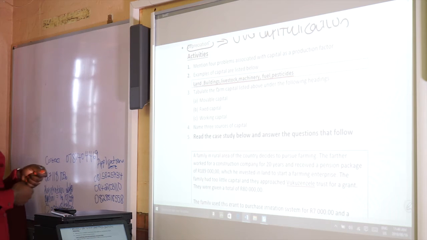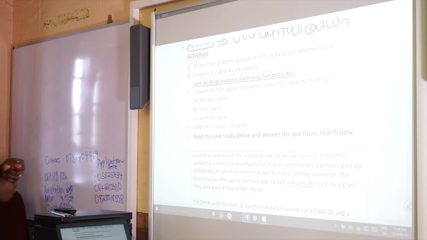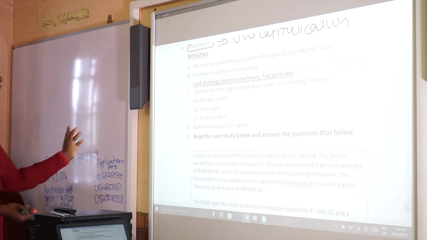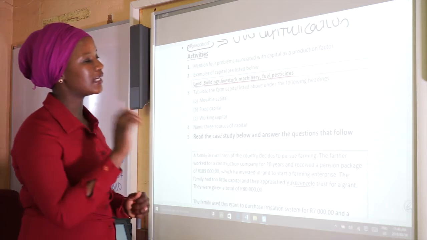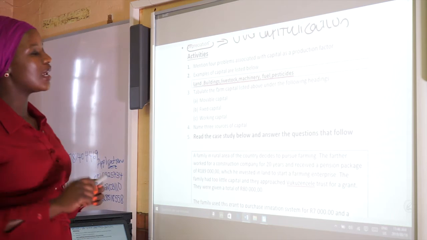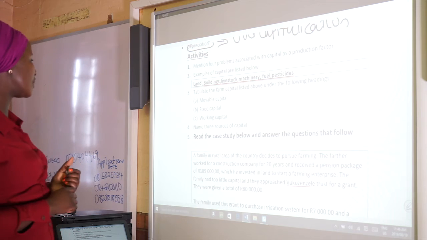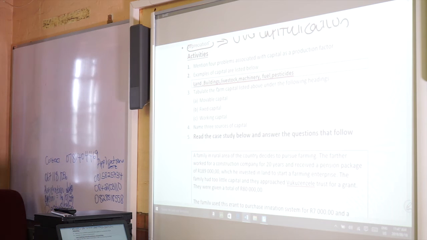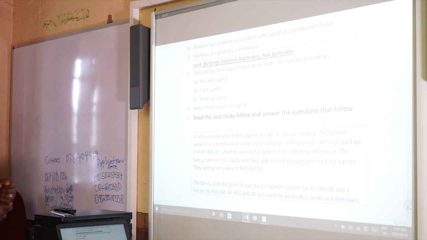A working capital, we've got fuel and pesticides. Yes, it's a good example of a working capital. Then, name 3 sources of capital. A learner can simply go to the chalkboard summary and note the 3 sources of capital that we have mentioned. And then another way that we can use to assess this is a scenario.